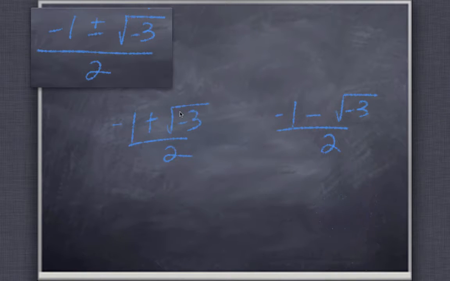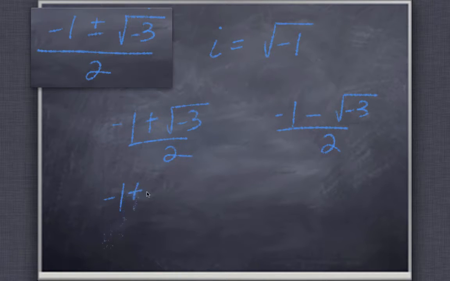Because I don't have like terms to combine, I don't get to come up with just a fraction. So i is the square root of -1. Whenever you see a square root of a negative, you just drop the negative and tack an i on the end.